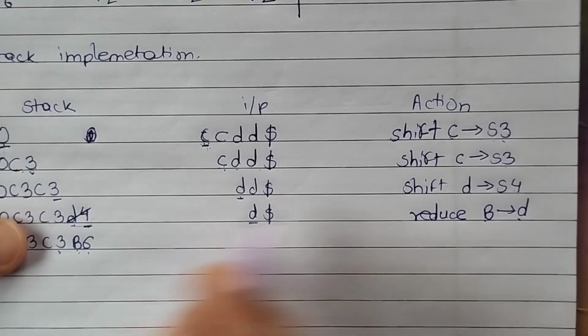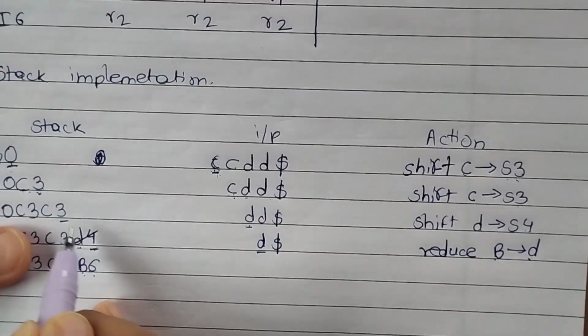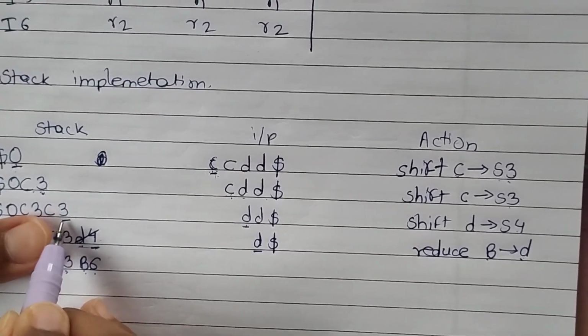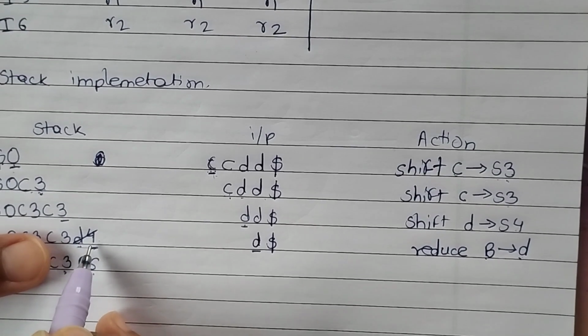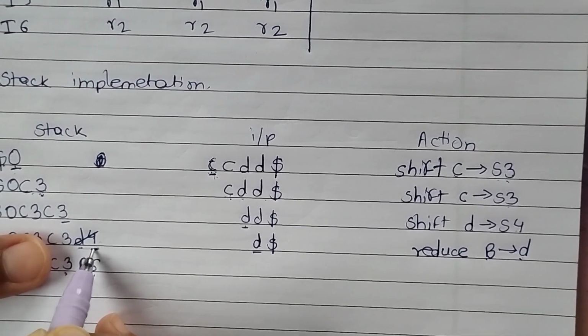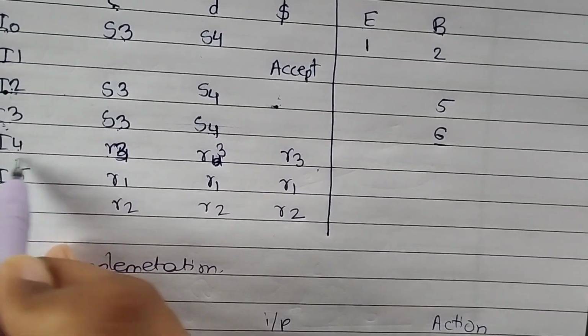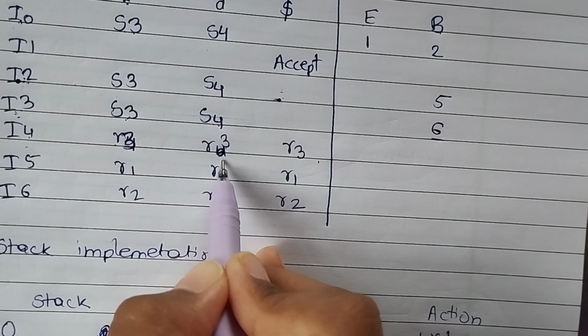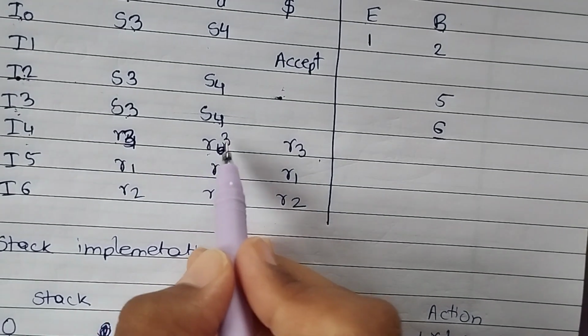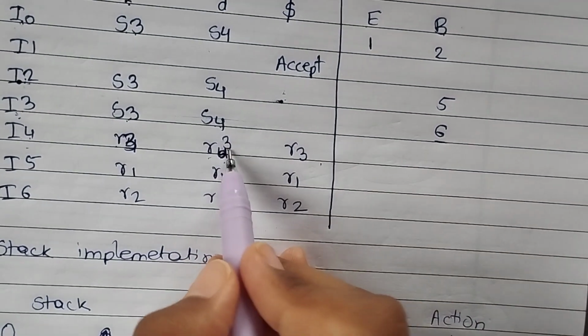Then we reach the reduce operation, where we see this 4 means I4 and D. I4 and D, here the reduce operation is present. The reduce operation is for the third number.